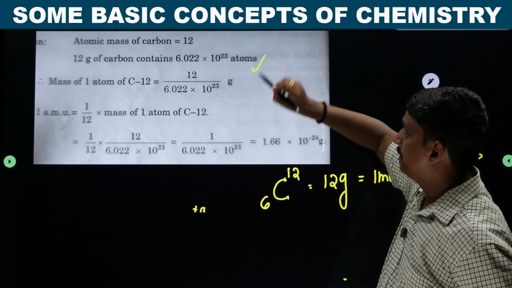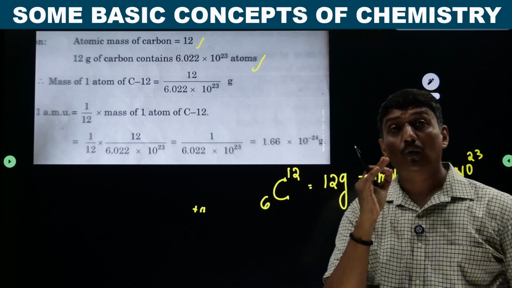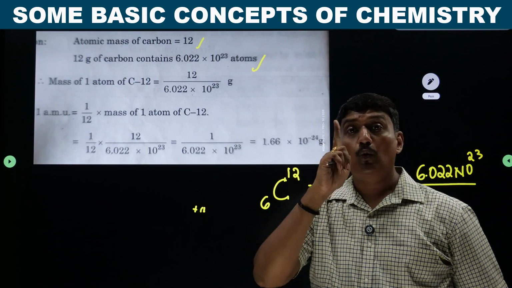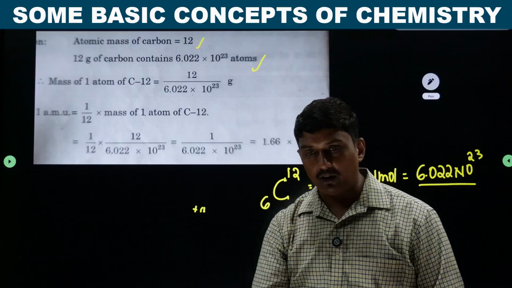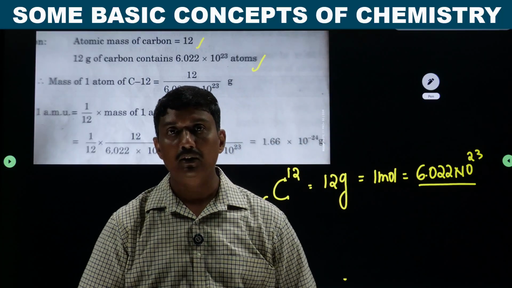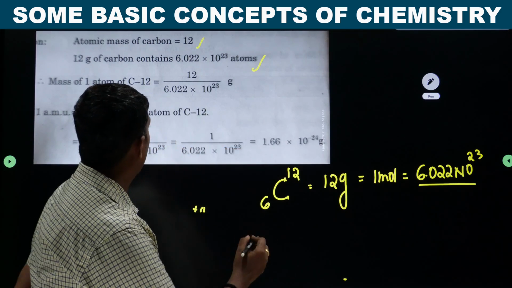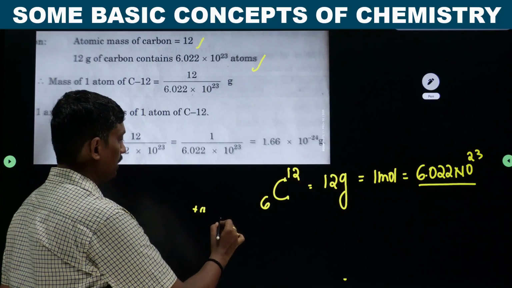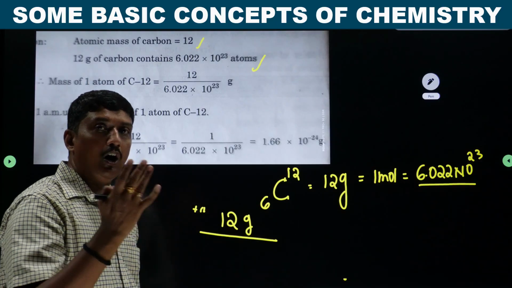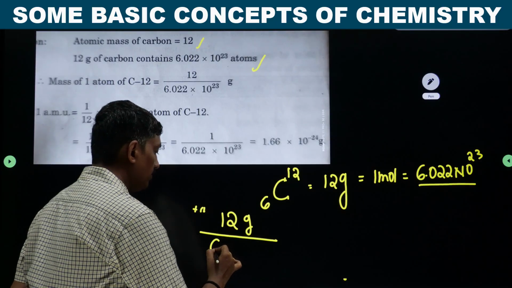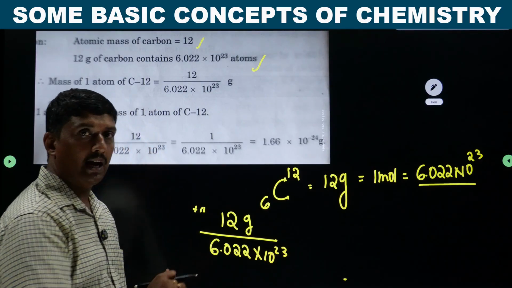Okay, atomic mass is 12. So then what is the mass of 1 atom of carbon? Is it possible to pick 1 atom? No, it is very difficult, but we can calculate it very easily. Suppose you take 12 grams, which consists of how many particles? 6.022 into 10 to the power 23 atoms.